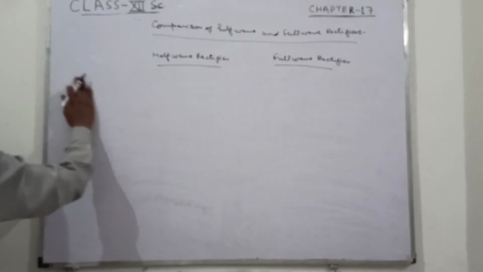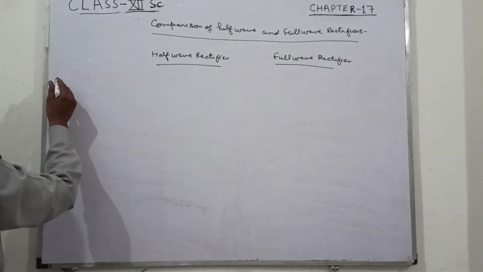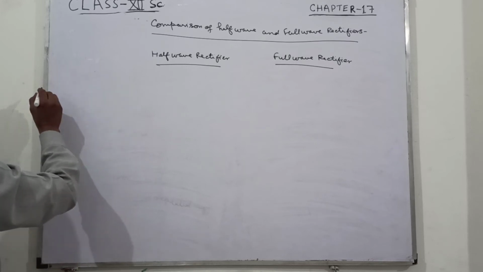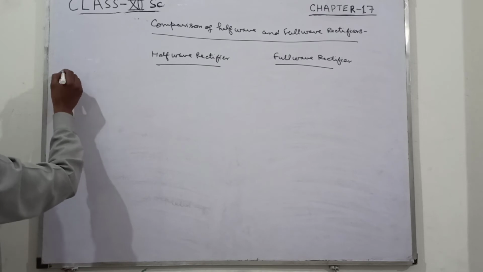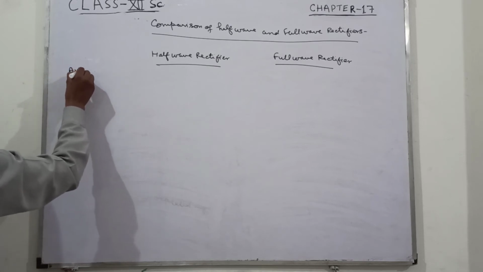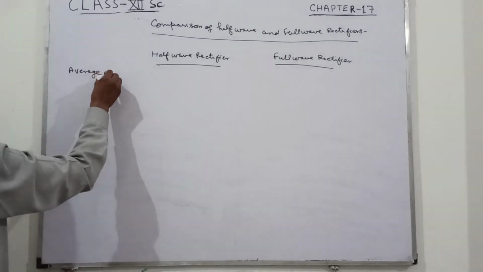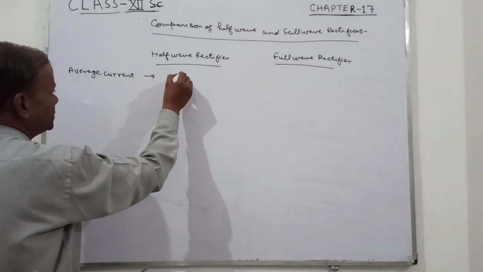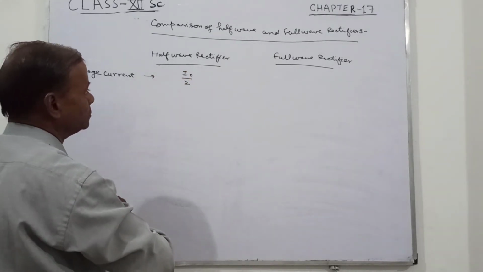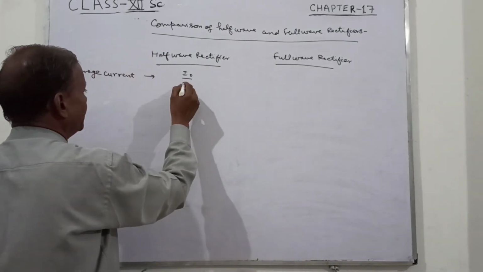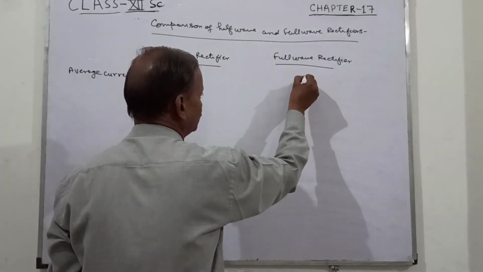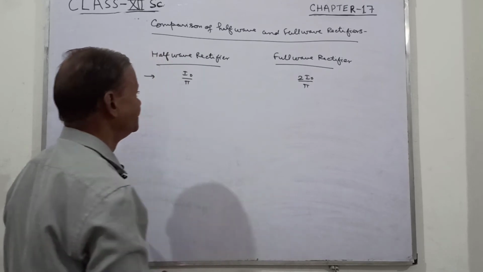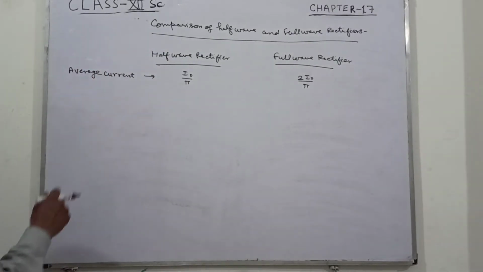Now here we find the average current. In half wave rectifier, this average current is equal to I naught upon pi, and in full wave this is equal to 2 I naught upon pi.